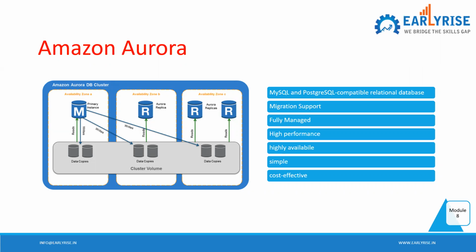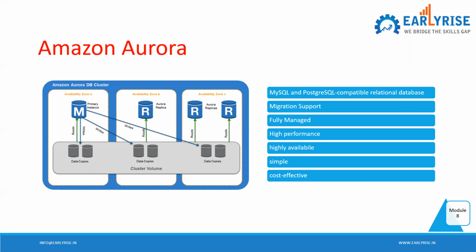This Aurora, from the ground level, is designed to run in the cloud. So now you can understand how capable it would be from the cloud's perspective, and how fast it would be.